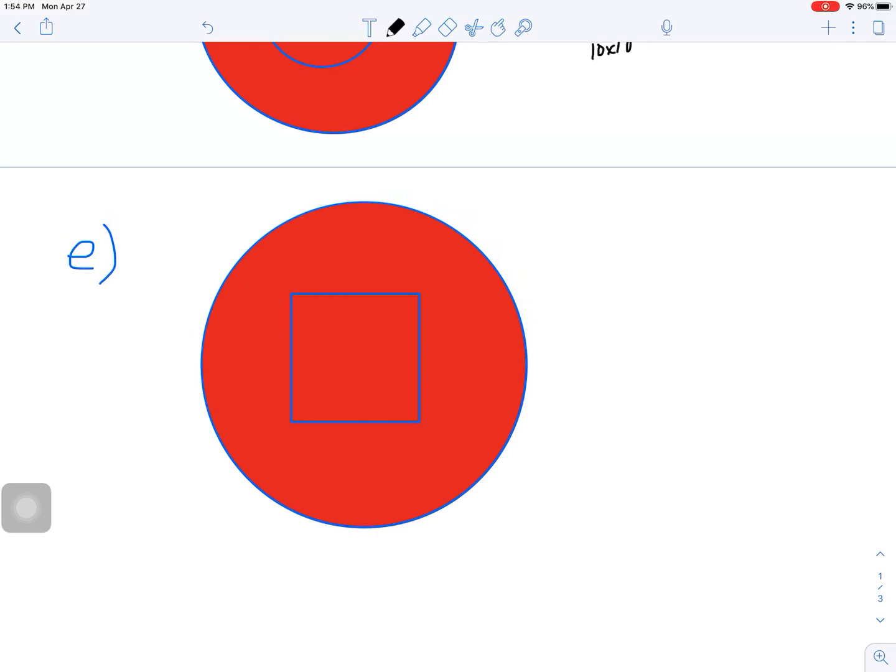So we have 10 over here, and we have a radius going across this whole thing of 20. Okay, so we're going to do the first one here. We have the square and we have the circle.